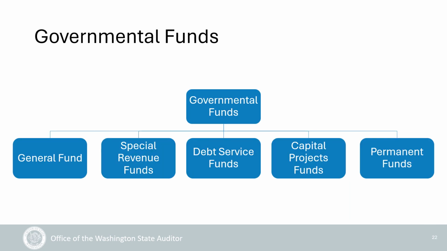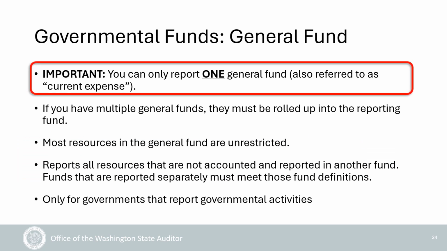Now that we know what the fund categories are, let's talk about the individual fund types. We will start with the 5 governmental fund types. First up is the general fund. One of the most important things to remember about the general fund is that you can only report one on your financial statements.